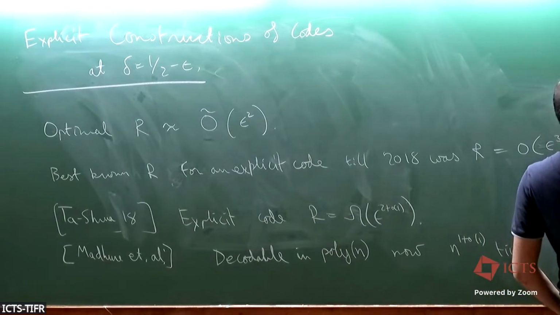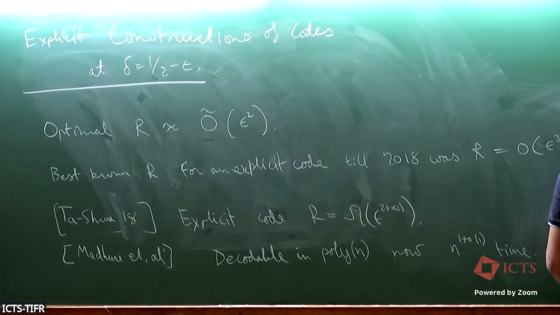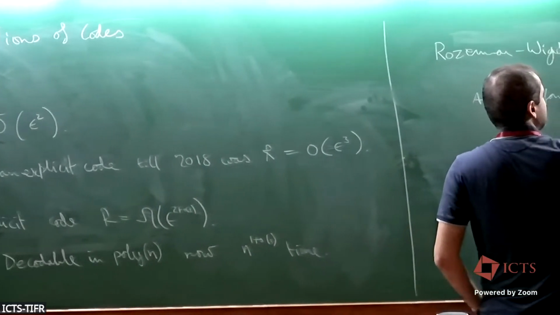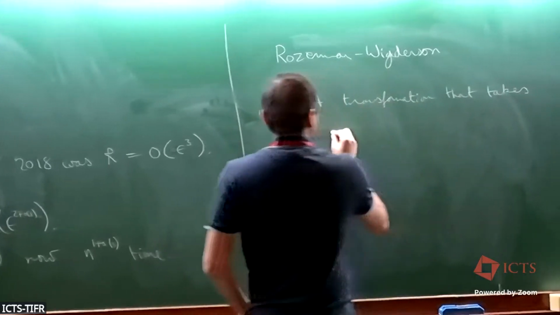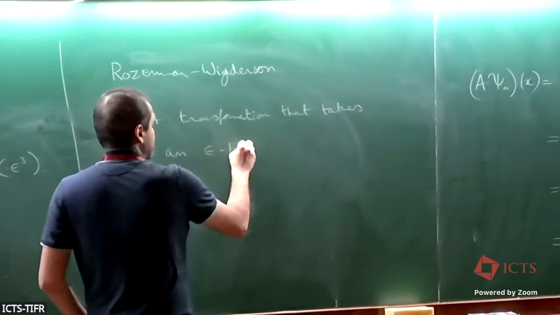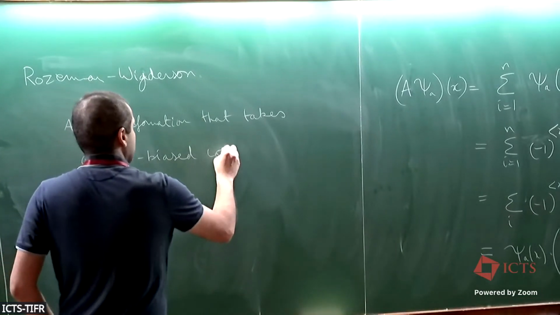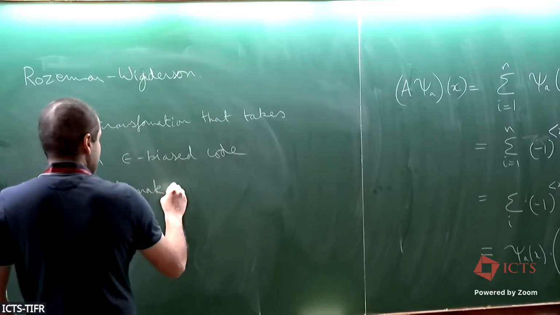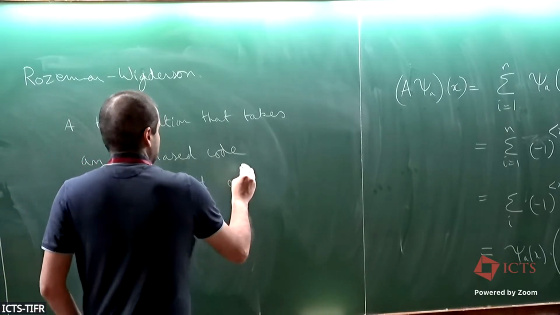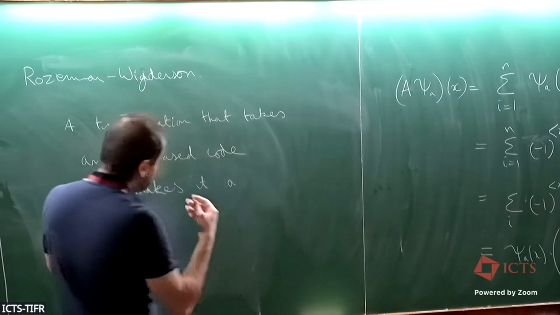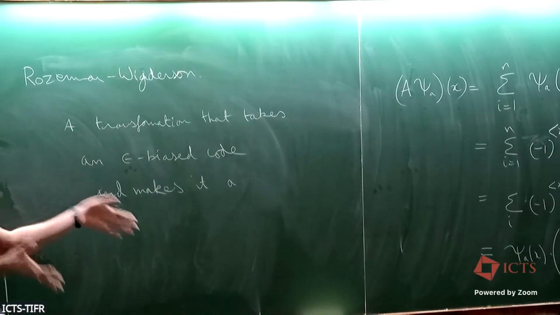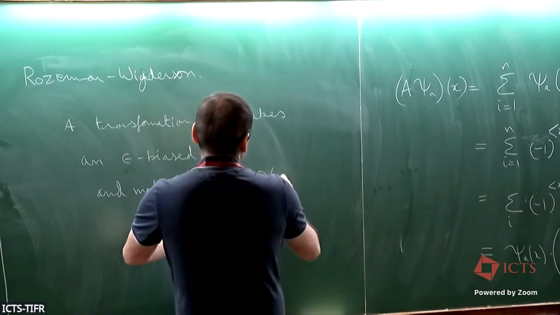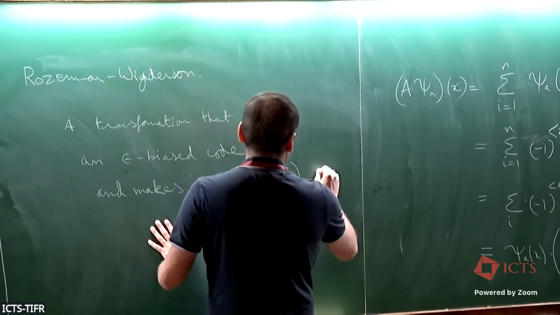It is a transformation that takes an epsilon biased code and makes it an even better biased code. So it improves the bias of a code. It starts with a code with some bias and it improves it.